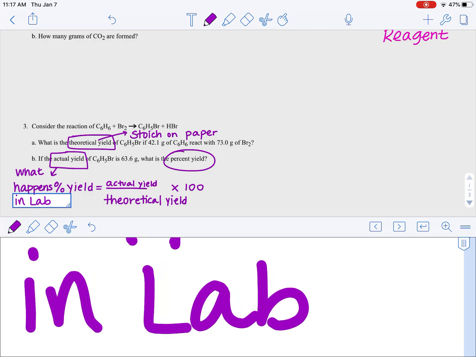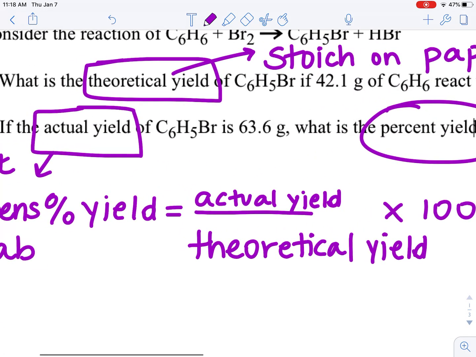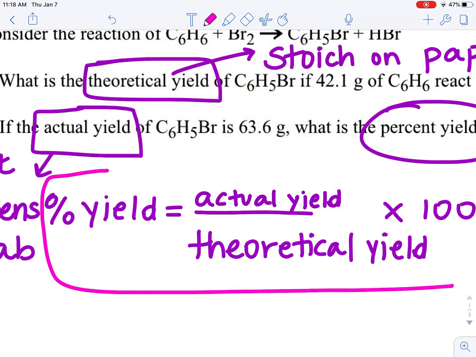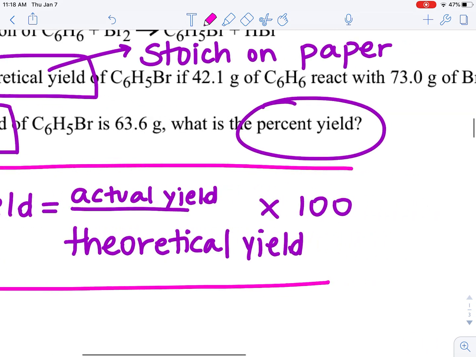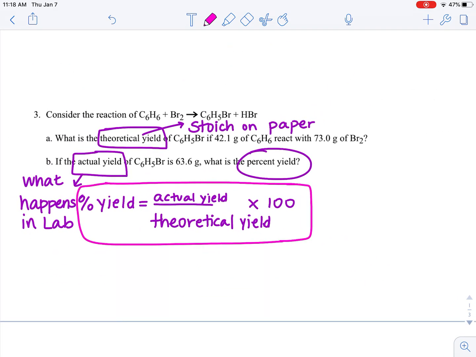There are things that happen in lab that are not perfect that we can, upon reflection, suggest how we would change the procedure or what we would do differently next time in a second or third or fourth trial to try to get the data as close as possible to the theoretical yield. So again, I'll wait until we get together in class to review how to work through these problems, but I need you to have the notes on what percent yield, actual yield, and theoretical yield are.